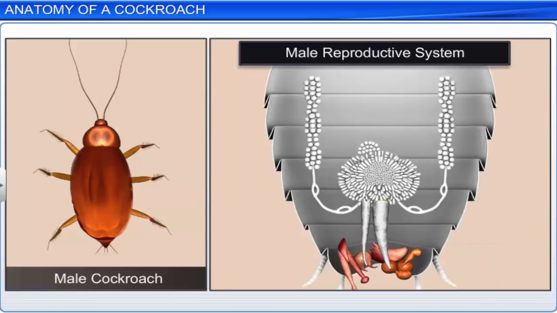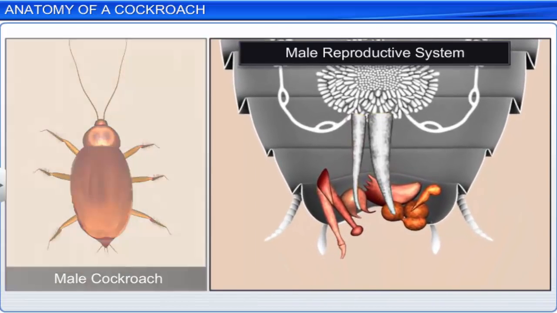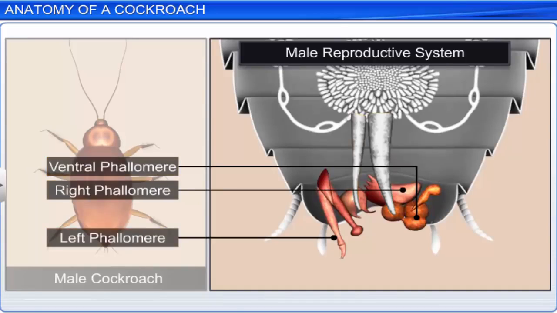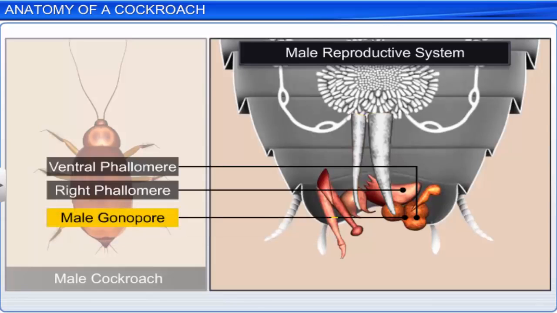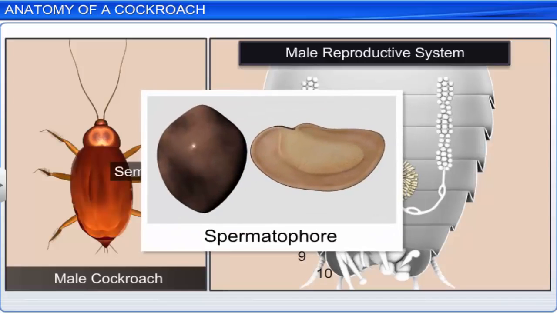In cockroaches, the male gonopophysis or phallomere represents the external genitalia. These phallomeres are asymmetrical structures made up of chitin and surround the male gonopore. Sperm is stored in seminal vesicles and forms spermatophores, which are discharged during copulation.